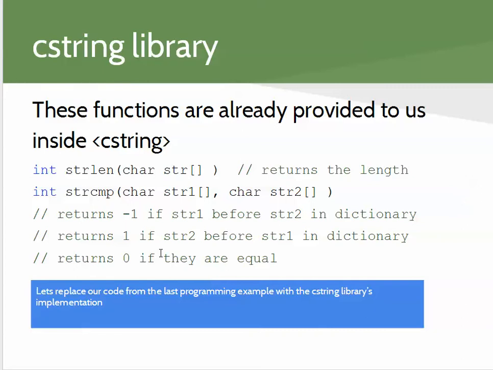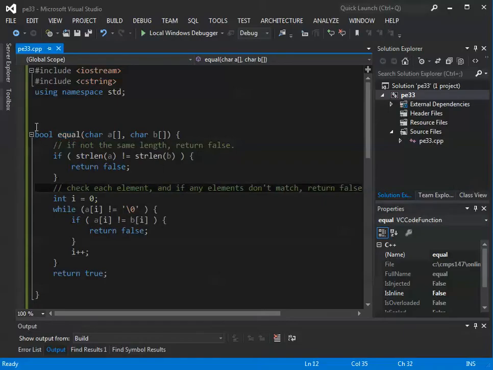So it takes some time to remember that. It takes some time to get used to that. But once we know that, if we want to check whether the two strings are equal to each other, it's a matter of calling strcmp and seeing whether it returns 0. Rather than saying if equal, we say if strcmp returns 0. We could, in fact, just replace this entirely.